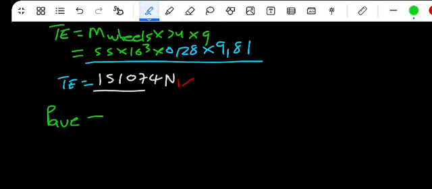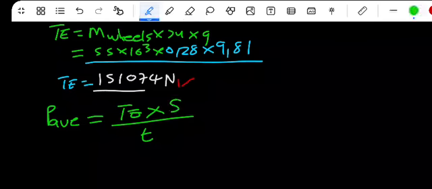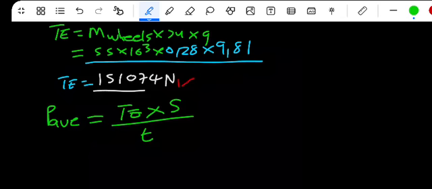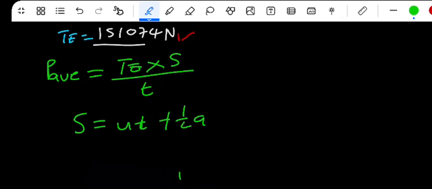So average power, guys, will be given by TE multiplied by distance, take note, displacement there, divided by time. Where can we get this? This distance is the same as s in your formula. S is equal to u multiplied by time plus 1/2 acceleration t squared.